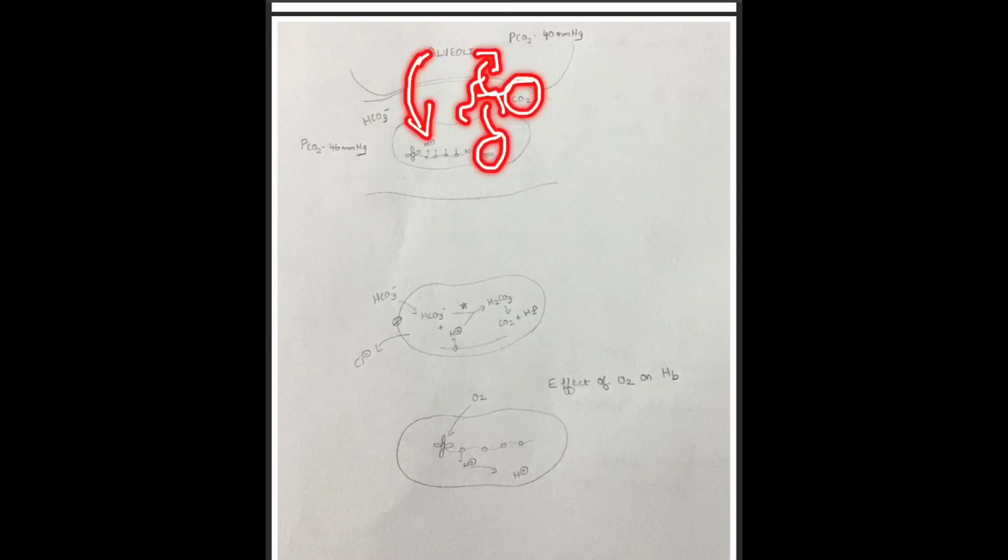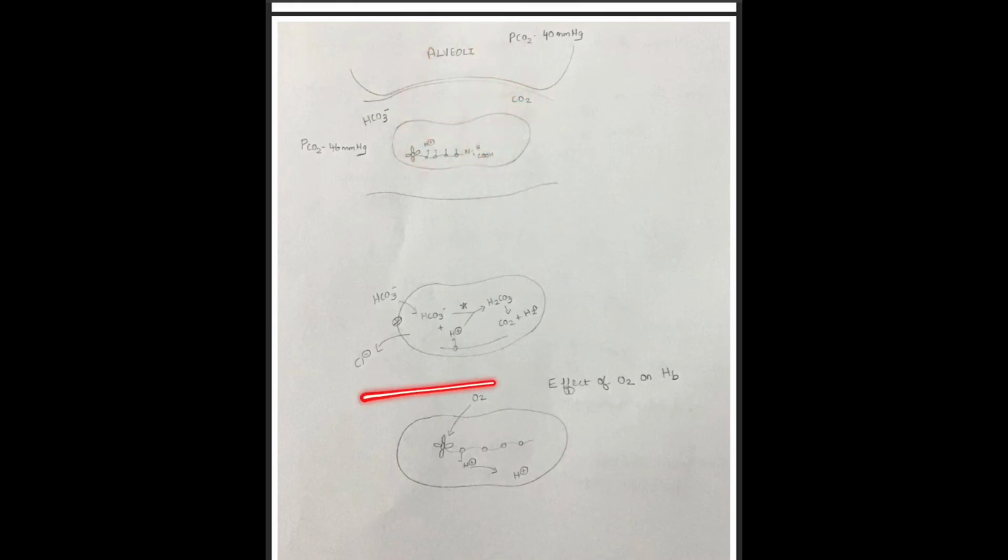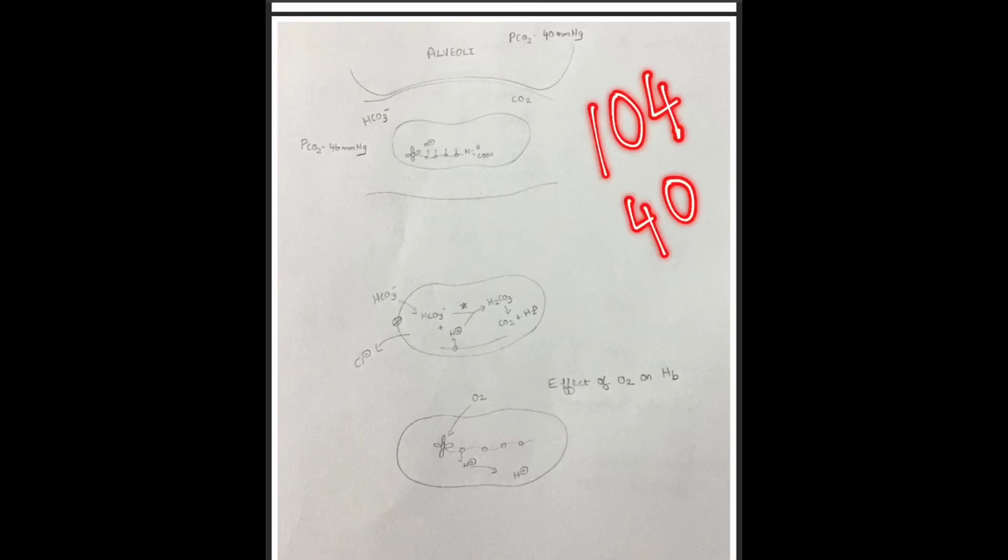So when oxygen molecule comes inside the RBC, now we will have only the hemoglobin. So we will see this here. As we have discussed already, the partial pressure of oxygen in the lungs is 104 millimeter of mercury, and the partial pressure of oxygen in the deoxygenated blood is 40 millimeter of mercury.